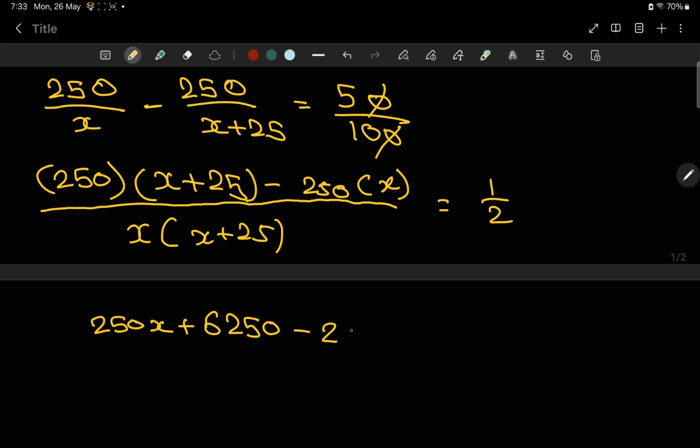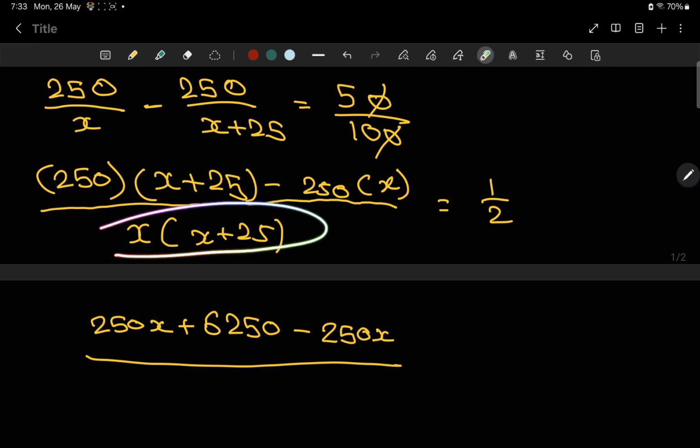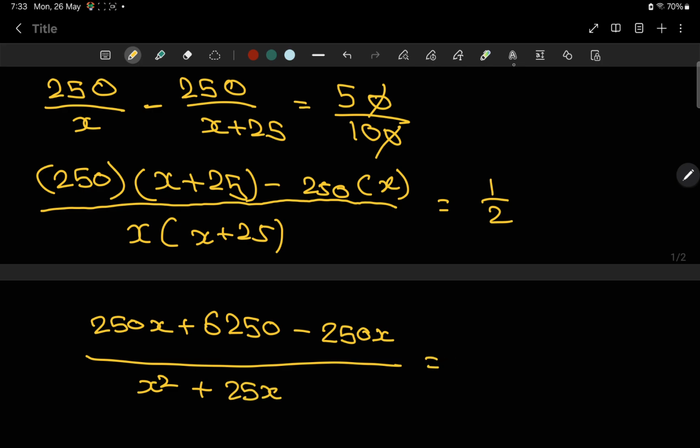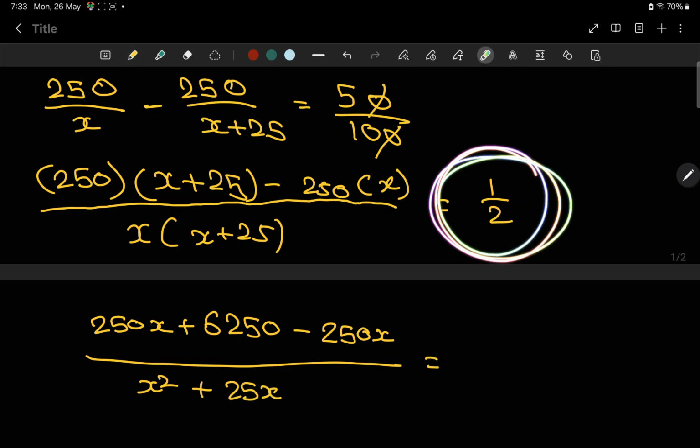It's 250x, by, we have to multiply x with this whole. What is x into x? It's x square. Plus, now we have to multiply x with this 25. 25 into x is nothing but 25x, right? Is equal to, we should write this half as usual.